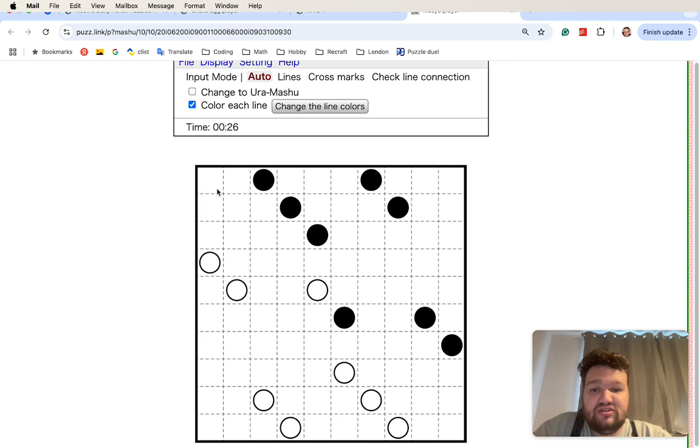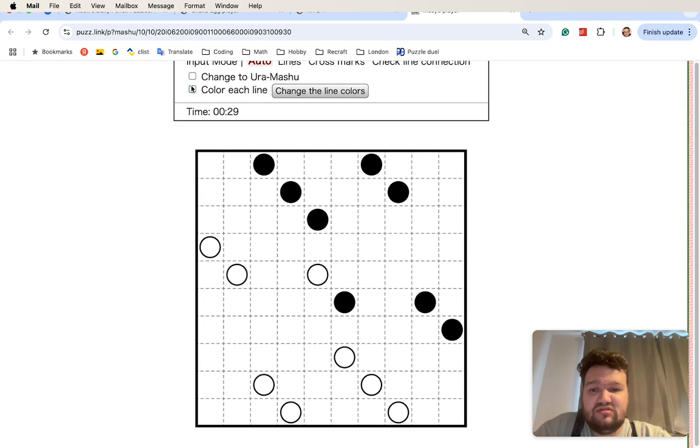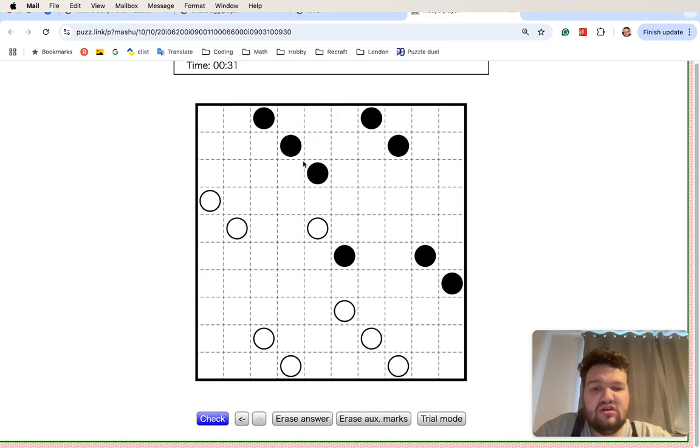And we usually start with circles near the borders because they have fewer options. So for white circles, we can go straight only in one of two directions.